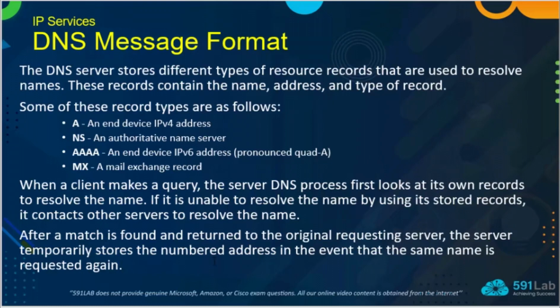After a match is found, it returns to the original requesting server, and the server temporarily stores the numeric address in the event that the same name is requested again. We call it a cache, whereby it saves the IP address of that fully qualified name. So if you try to go to that same site, instead of doing those requests again, it will quickly resolve it for you on your local DNS server. All right, so that's what happens with DNS.